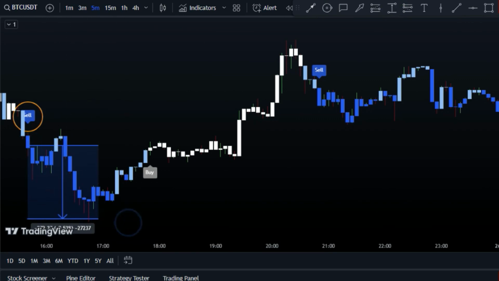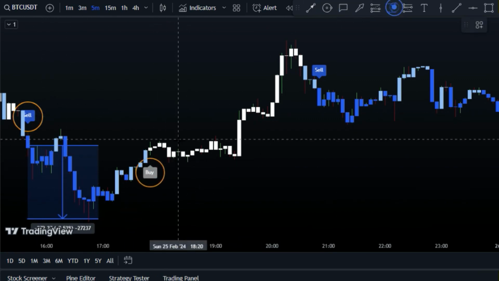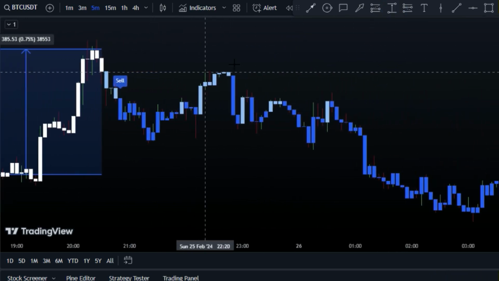When the filter indicates a buy, that's our cue to enter a long trade. And on the other hand, when it indicates a sell signal, that's our signal to enter a short trade.